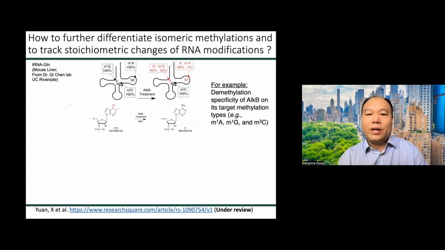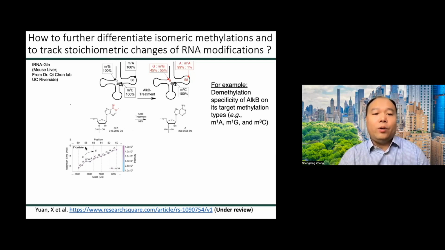Here, I just use one example. We take advantage of the specificity of the RKB enzyme, which I think Tao and Richard also mentioned before. They have specificity for different nucleotides, like for m1A. Before the RKB treatment, we only see one peak, which indicates they are 100% m1A modified.